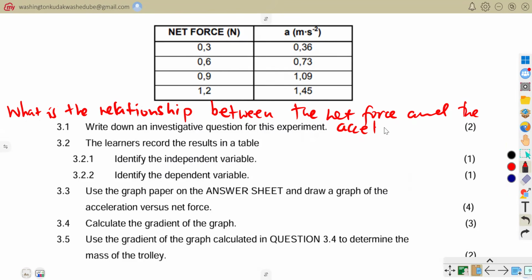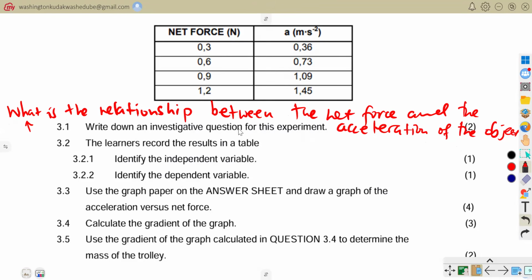So that becomes our investigative question. That is our main objective of this experiment. What we want to determine is the relationship between the net force and the acceleration of the object. So as an investigative question, it would be to say, what exactly is the relationship between the net force and the acceleration of the object?